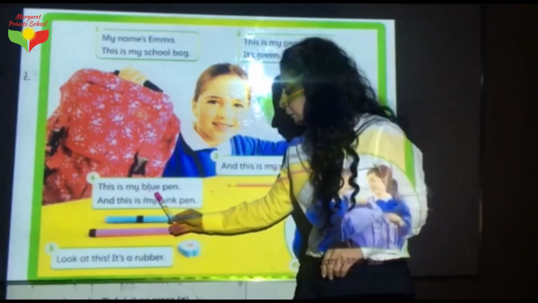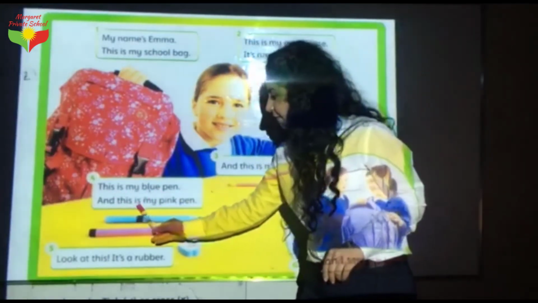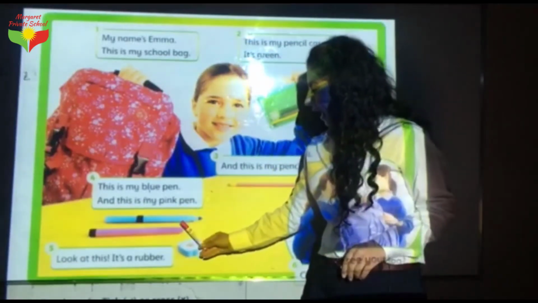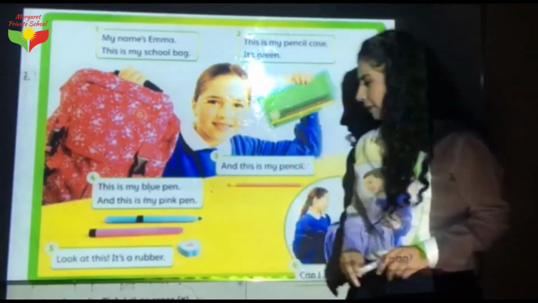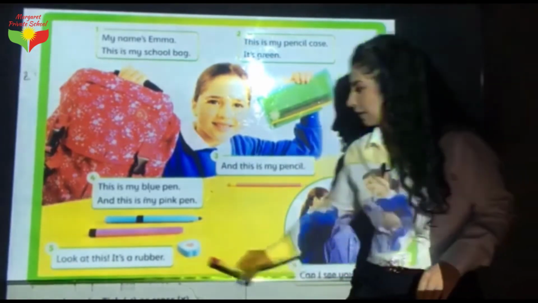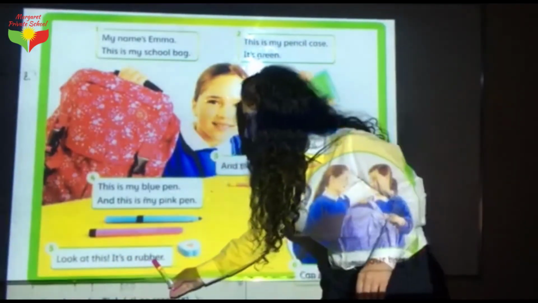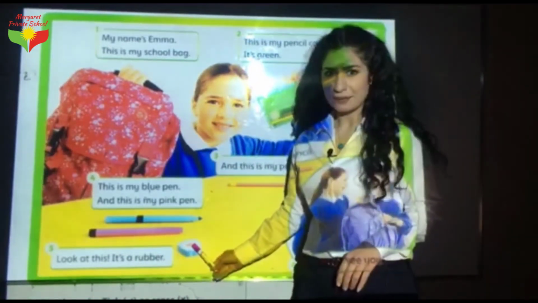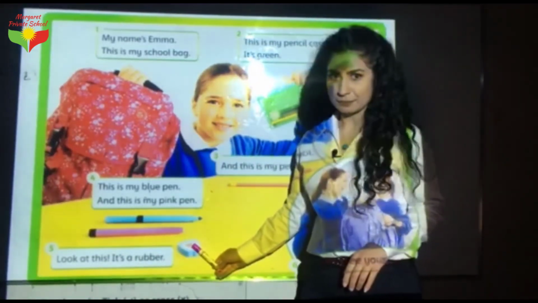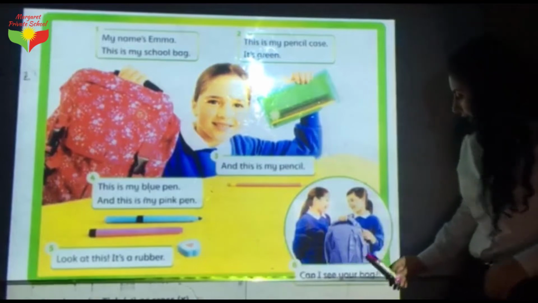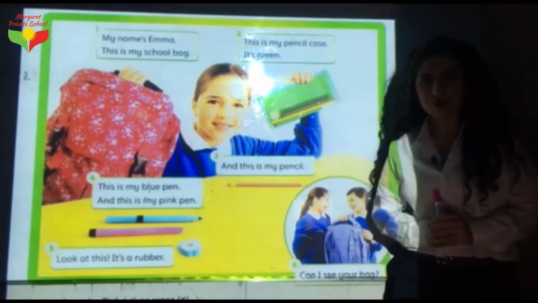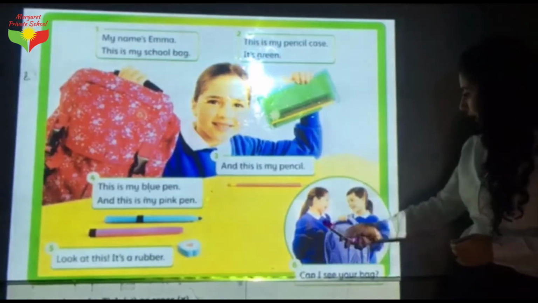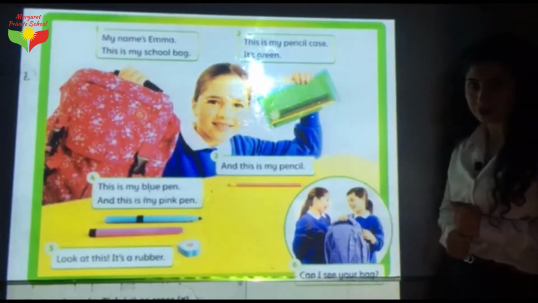This is my blue pen and this is my pink pen. The fifth one. Look at this. It's a rubber. Can I see your bag? She asks her friend, Can I see your bag?